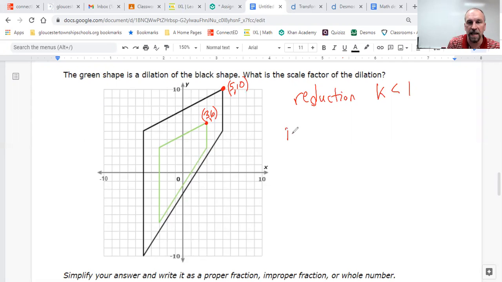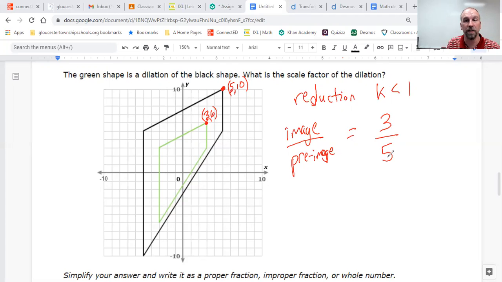And now if I do the image divided by the pre-image, oops, image. I'm going to do the x's or the y's? It doesn't matter. They'll give you the same answer. I'll do them both. The x's will be 3 for the image over 5 for the pre-image. 3 over 5, don't divide it, you'll get a decimal.